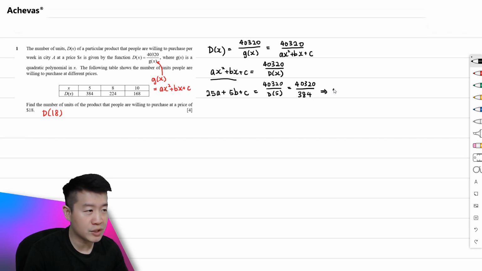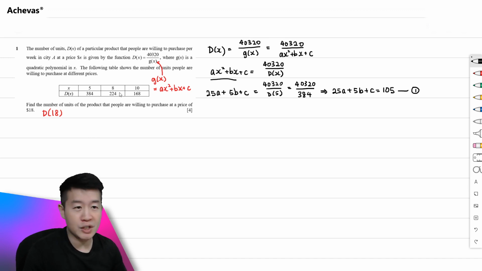So our first equation will be 5 squared, which is 25a plus 5b plus c, equal to 105. Equation number 1.